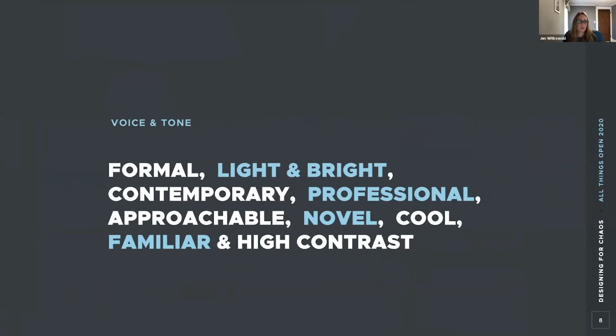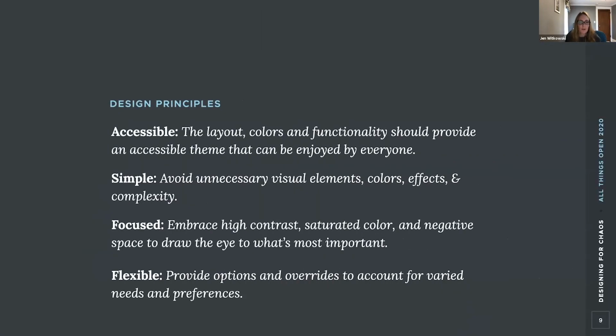So based on the spectrum analysis, we identified the following keywords to help establish the voice and tone. So we have formal, light and bright, contemporary, professional, approachable, novel, cool, familiar, and high contrast. Once we had this set, we combined our adjectives with our design principles in order to complete our research documentation.